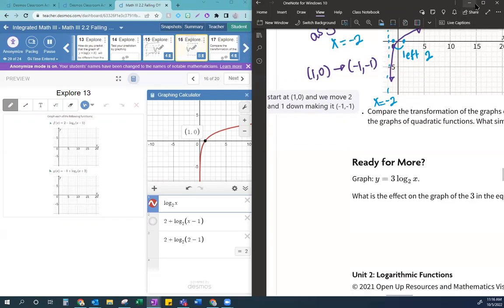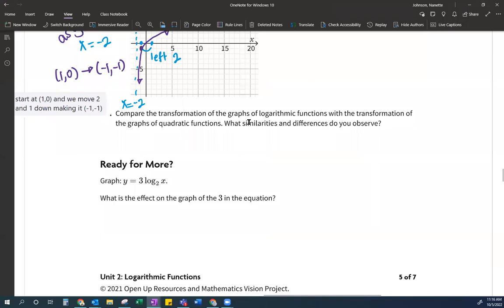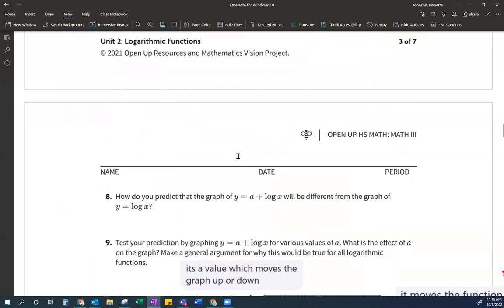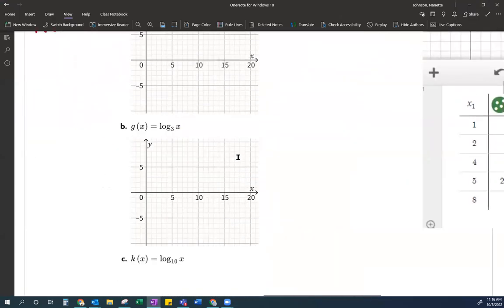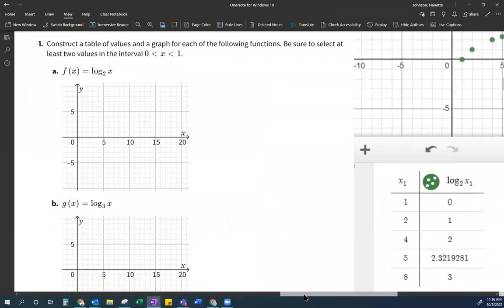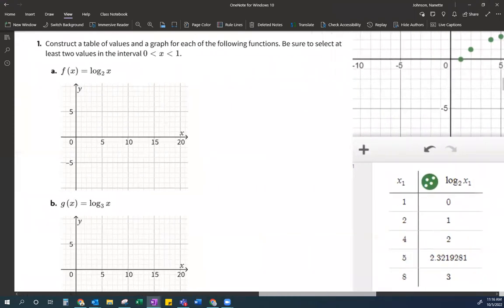Okay. Last question. It says, compare the transformations of graphs of log functions with the transformations of graphs of quadratics. What are the similarities and differences you observe? So if you remember, this is all the way back in the jumpstart problem that we started up here. We spoke about the transformations.